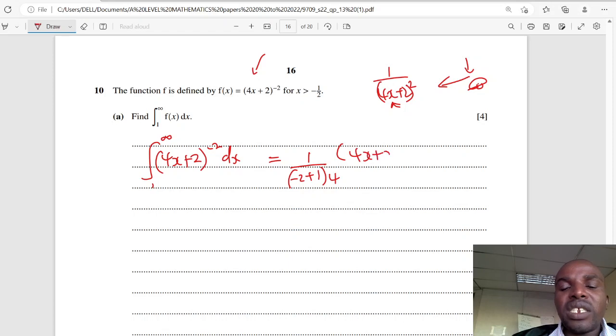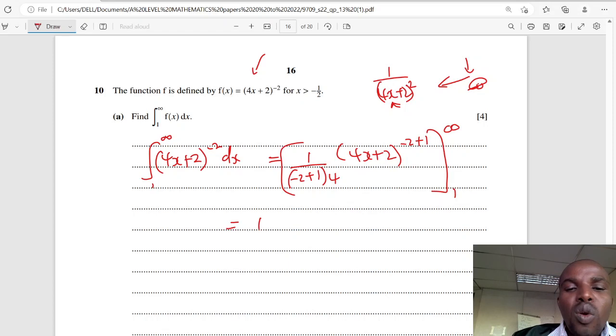Then you maintain this part, 4x plus 2 to the power minus 2 plus 1. Then we don't put a constant because we have limits, infinity and 1. So it will be 1 over, then minus 2 plus 1 is minus 1. Then times 4 is minus 4. Then it will be 4x plus 2 to the power minus 1.